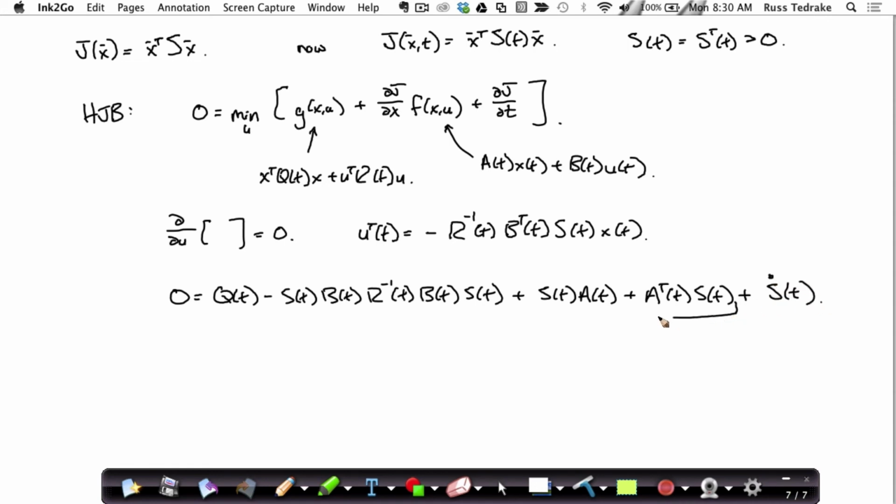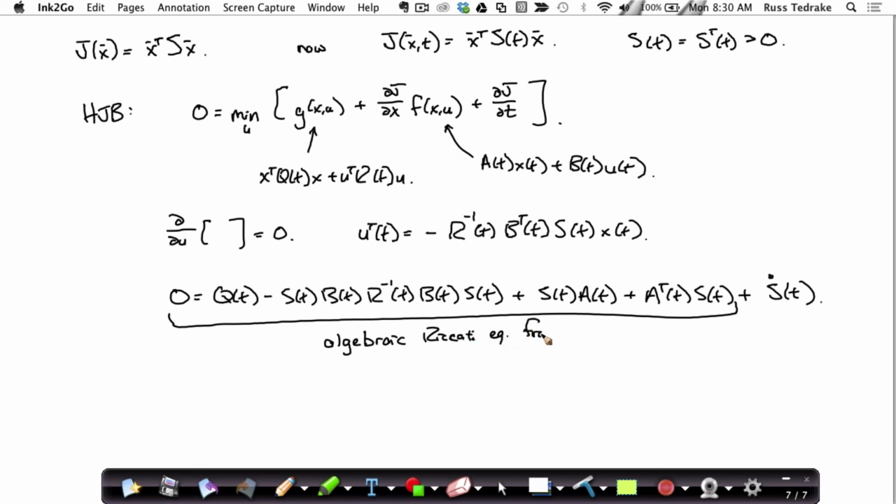Okay, so this was the algebraic Riccati equation from LQR. This now is a new term for the time dependence. And the result is called the differential Riccati equation.